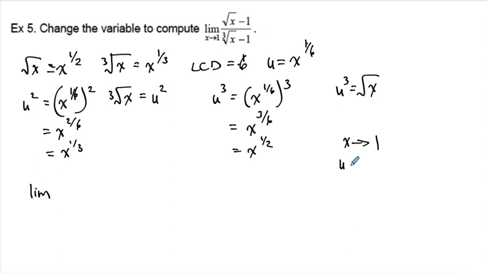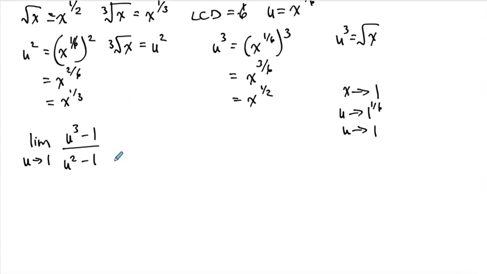So if I substitute 1 in for that, I'm going to get 1 to the 1/6, which is just going to be 1. So the limit as u approaches 1, instead of the square root of x, I'm going to write u cubed, so u cubed minus 1. And instead of the cubed root of x, I'm writing u squared minus 1. This looks a lot easier for us to solve using what we know about algebra and factoring.